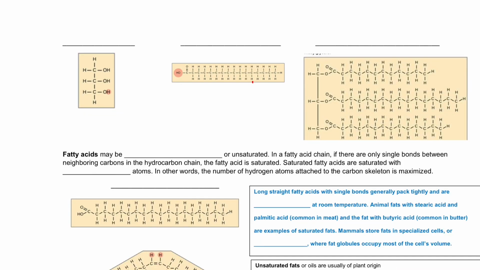Okay, so the glycerol molecule is here. You'll notice that it has 3 carbons, and a series of hydroxyl groups. Each of these hydroxyl groups is going to hold a fatty acid.